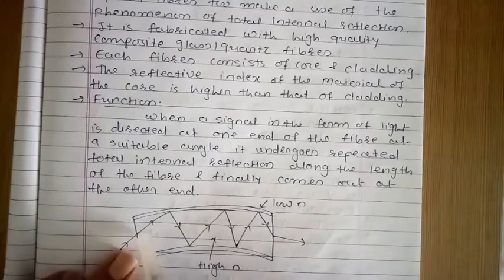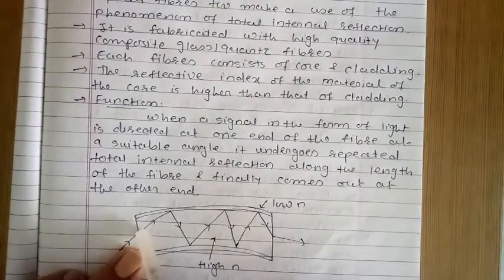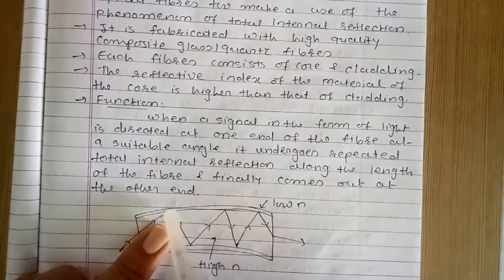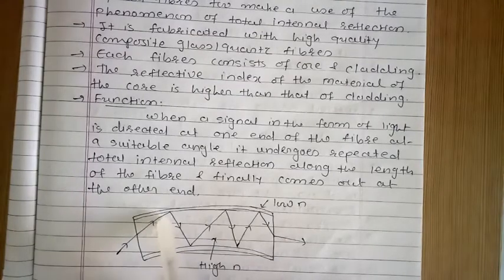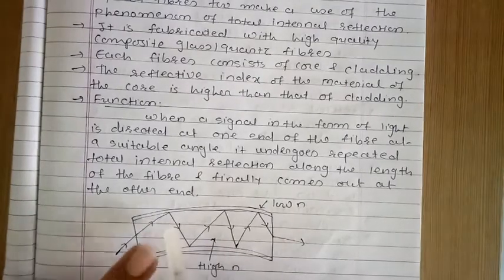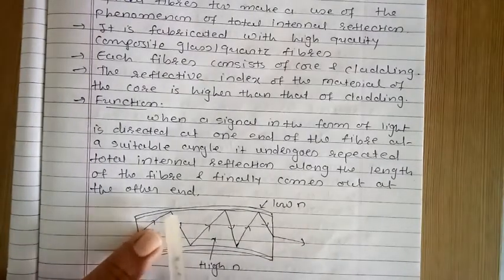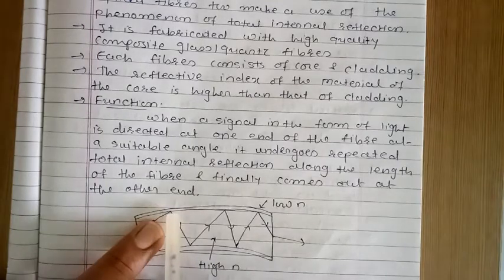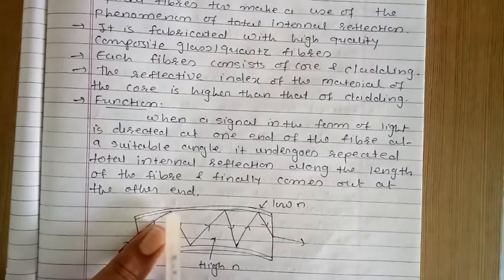So here after refraction, the ray of light passes like this. Now the light is incident at some angle, and this angle is greater than the critical angle. So here total internal reflection occurs. After total internal reflection, this light is reflected in the same medium.